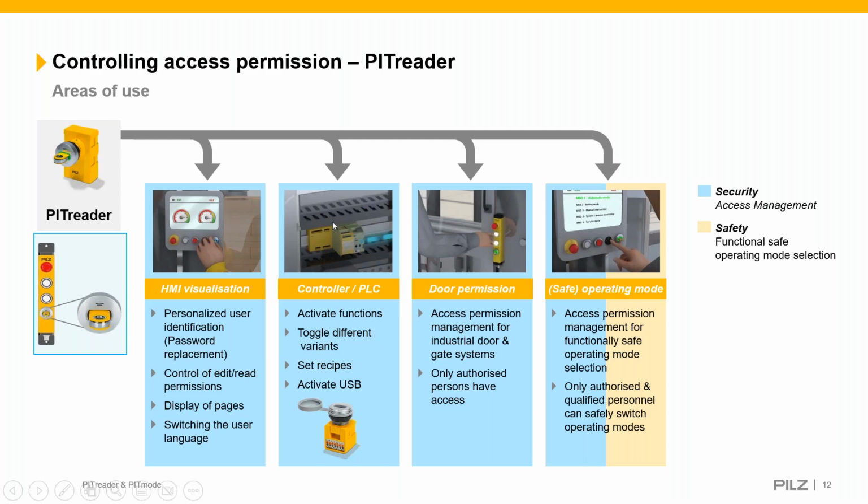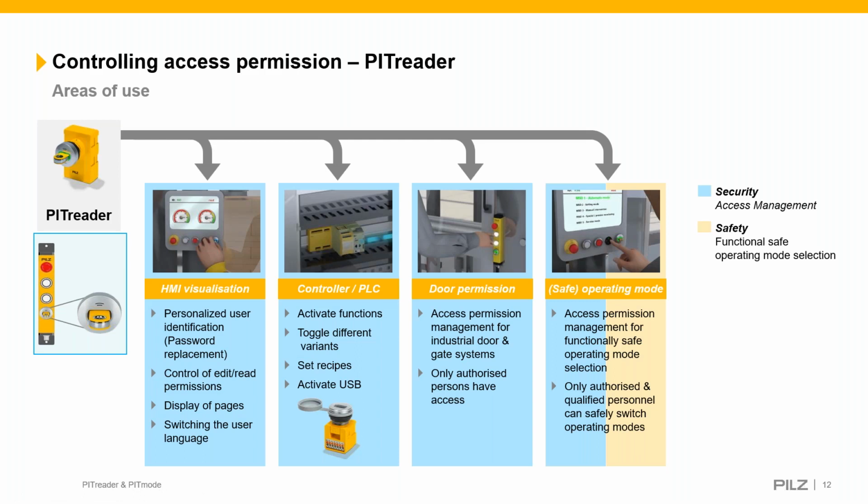You can get it for access to controller and PLCs. With that, you could use it to activate functions, toggle different variants, use it to set recipes, for instance. And we've also launched a USB reader as well. It can be used to activate that. Again, for security.